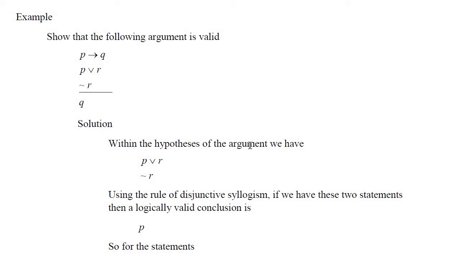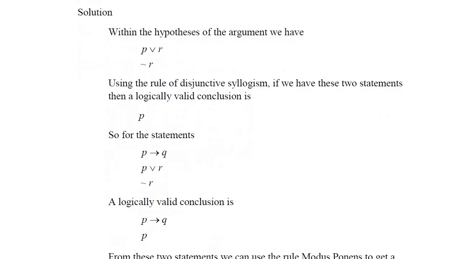Within the hypotheses of the argument, we have the following two statements, P or R, and not R. Using the disjunctive syllogism rule, if we have an or statement and we negate one of those, then the other one has to be a valid conclusion. So if I have P or R and I have not R, then a valid conclusion is P.